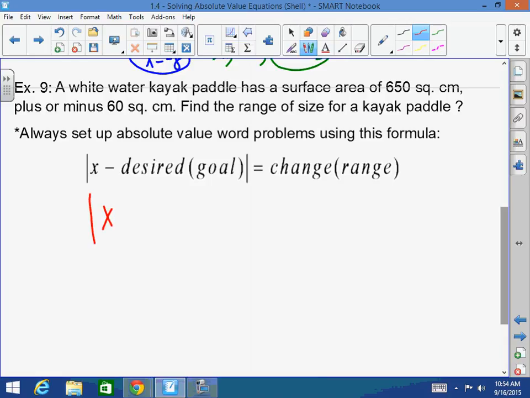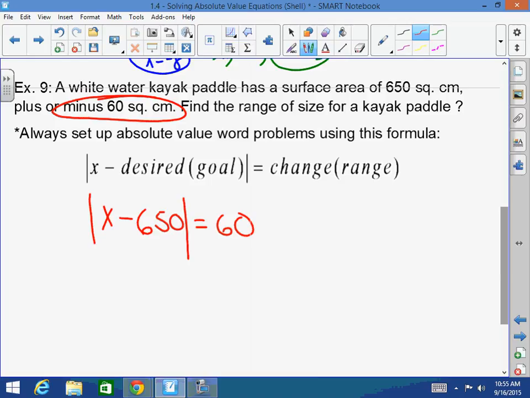So x minus the goal of 650 equals the change. This could change plus or minus 60. So I put the change right here. It's x minus the goal in absolute value equals the change, or the variance, or the range that is acceptable.